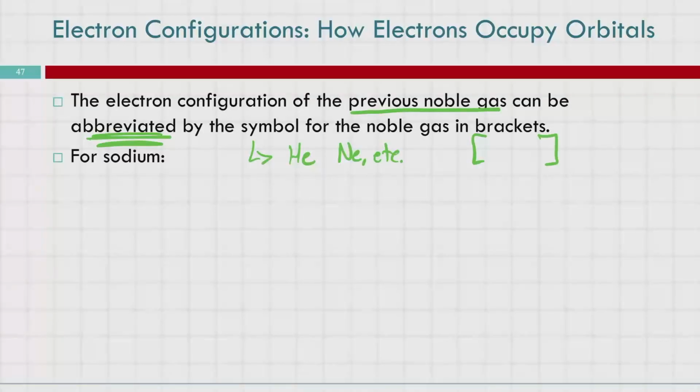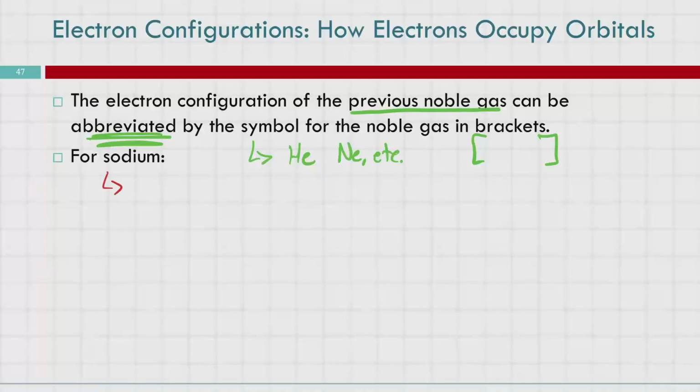So if we're looking at sodium, sodium's Na. What's the previous noble gas? Ne. So we just go up 1 row all the way to the end column, the last group, 18 or 8A. Ne, neon, is our previous noble gas. It's just the one on the previous row.